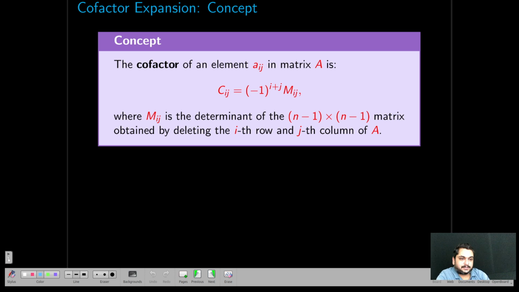For every matrix, the cofactor can be found out. For example, say this is the matrix. This is row 1, this is row 2, this is row 3.